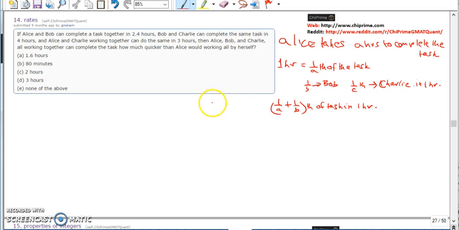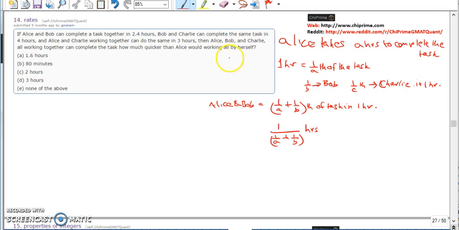So working together, they can complete the task in 1/(1/A plus 1/B) hours. Think about it. If you complete a task in 2 hours, then in an hour you complete 1/2 or half the task, right? Working at a uniform rate.